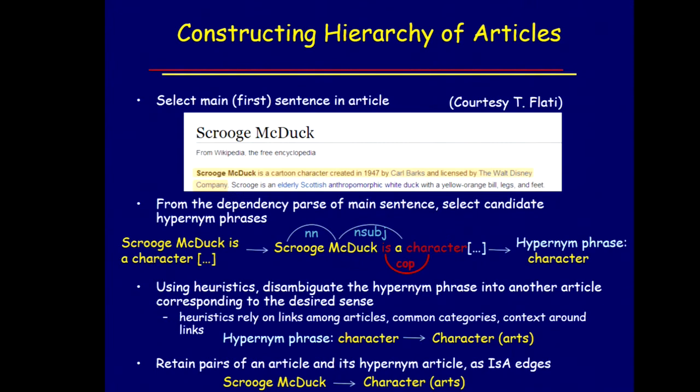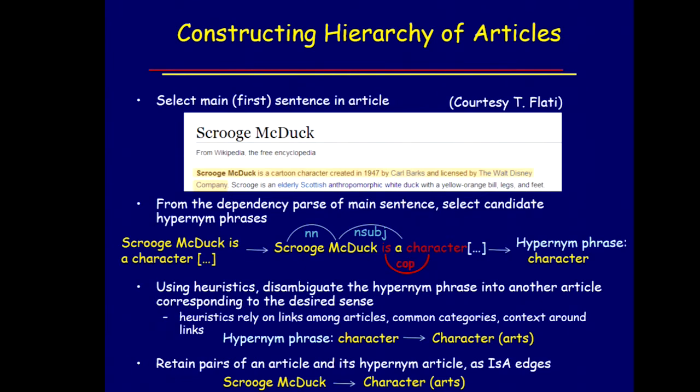That's an outgoing link in Wikipedia. If character is already hyperlinked to the article character arts, you're done. You have the phrase character and you know that it's hyperlinked, so you know what the article is. You know that Scrooge McDuck, this article, has a hypernym link to the article character arts, because Wikipedia already tells you so through the hyperlink.